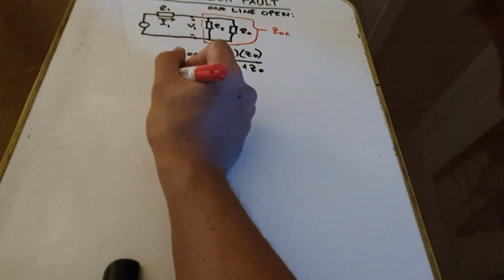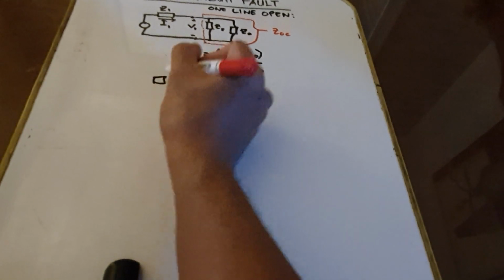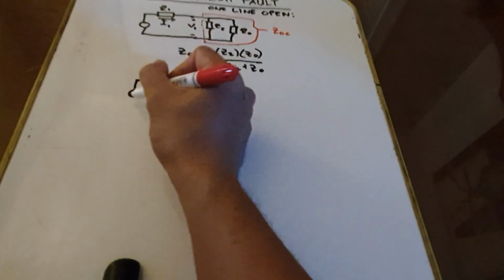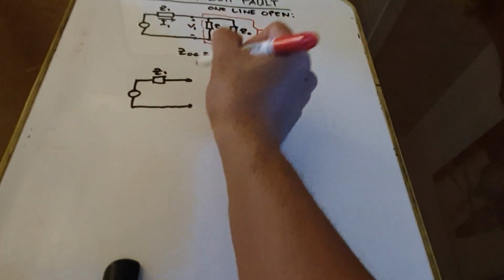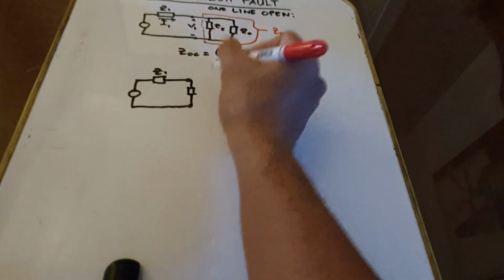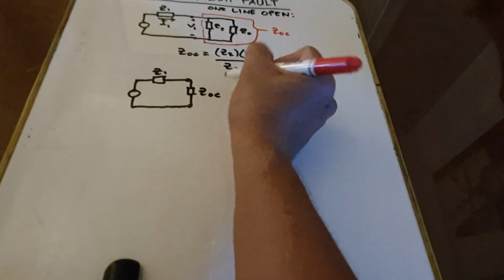If we simplify, it will go like this. This is now the ZOC.